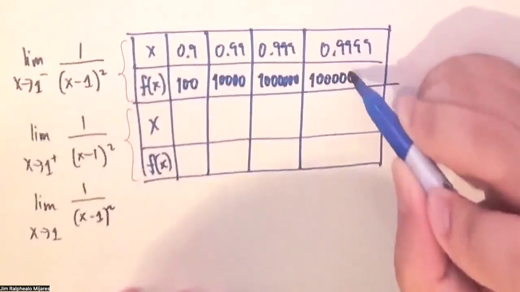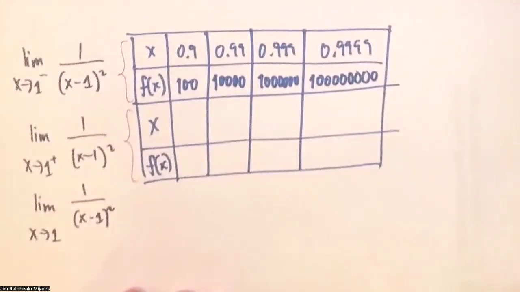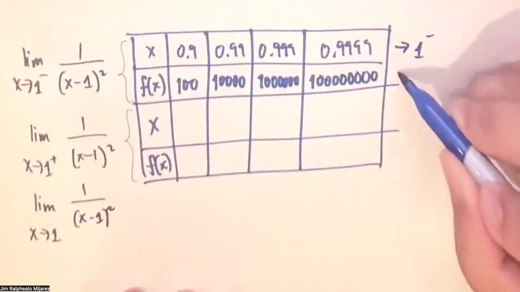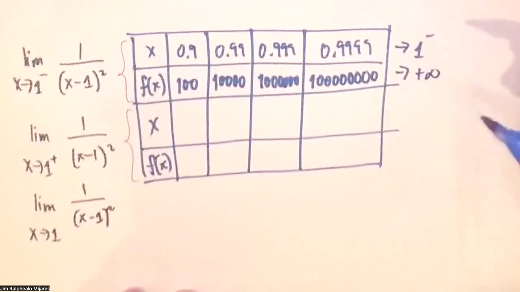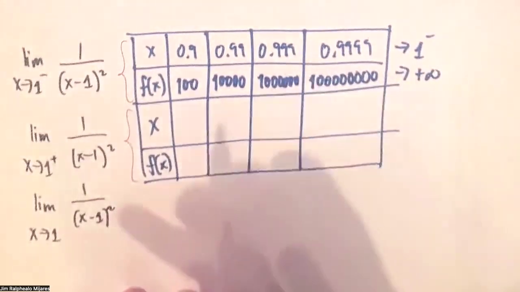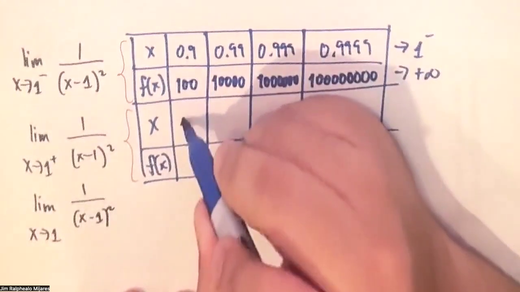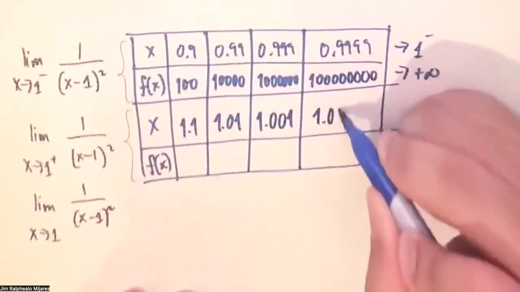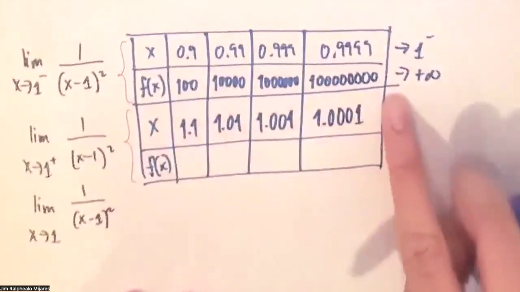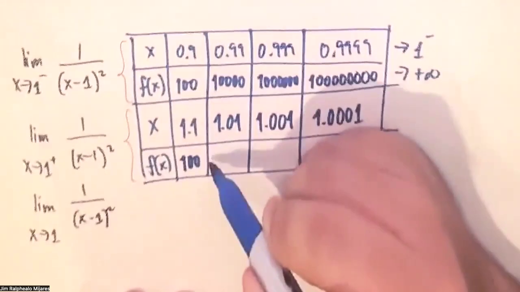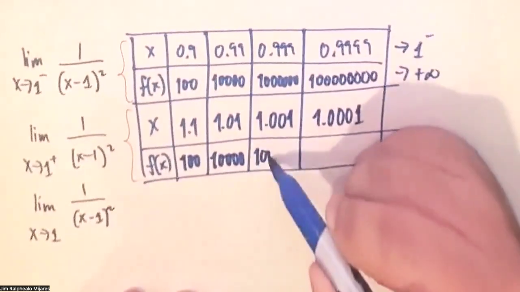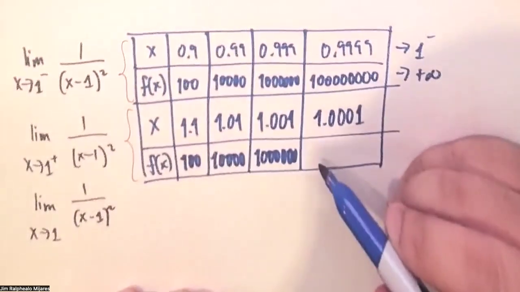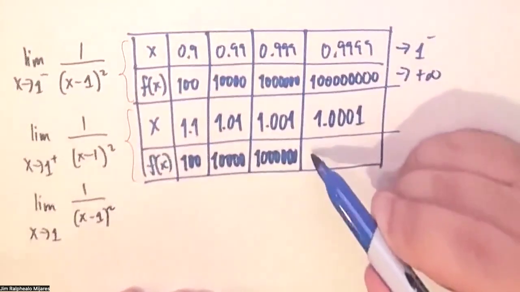So the trend is, if it's 1 from the left, this tends to positive infinity. Similarly, if we do 1 from the right, say 1.1, 1.01, 1.001, 1.0001, we get the same answer: 100, 10,000, 1 million, and 100 million.